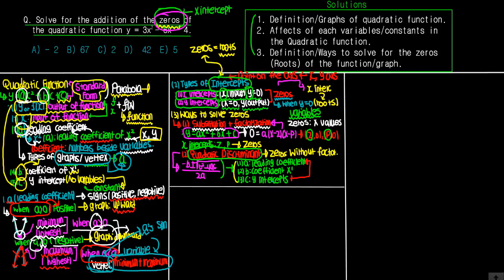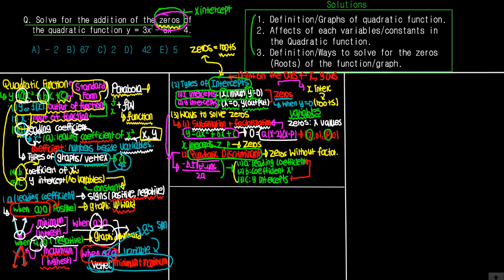And therefore, we talked about two ways to approach this question, how to solve the zeros. The first one was substitution plus factorization, which means we substitute our y value as 0 because it is an x-intercept, so the y value should always be equal to 0.